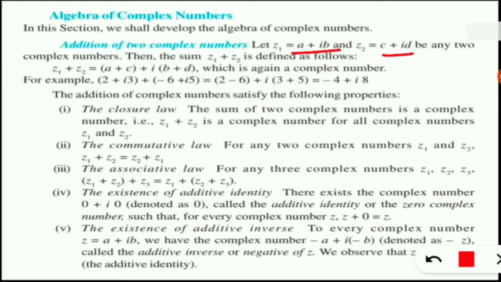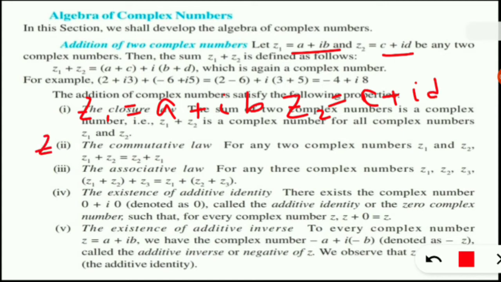Suppose z1 equals a plus ib and z2 equals c plus id.